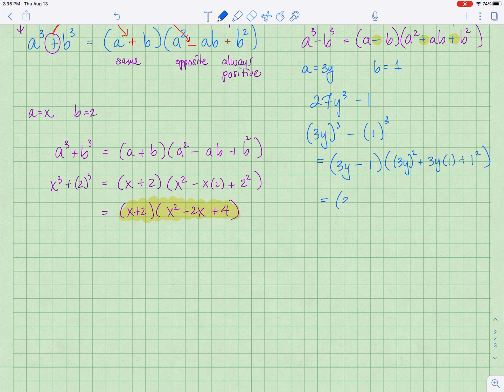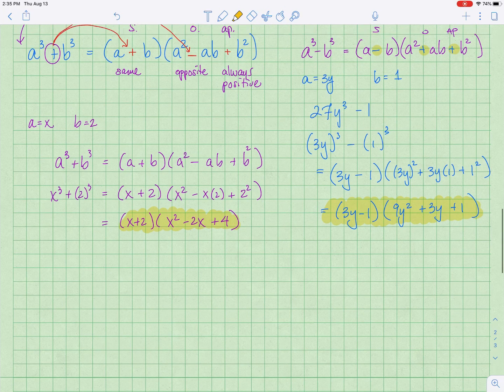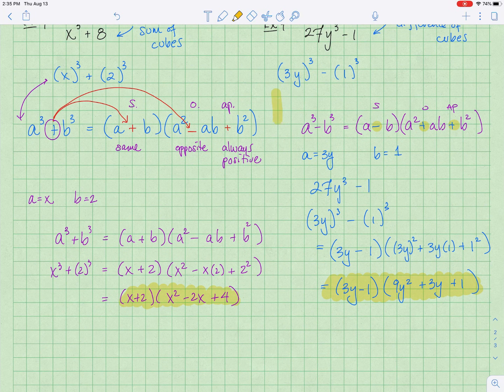Cleaning this up, we get 3y minus 1 times, 3y squared is 9y squared, so the quantity 3y times 3y is 9y squared, plus 3y plus 1. And that is our factored form for this elusive sum and difference of cubes.